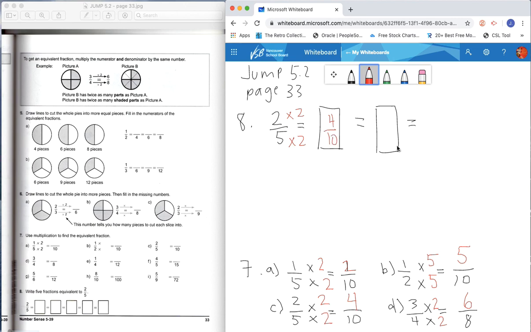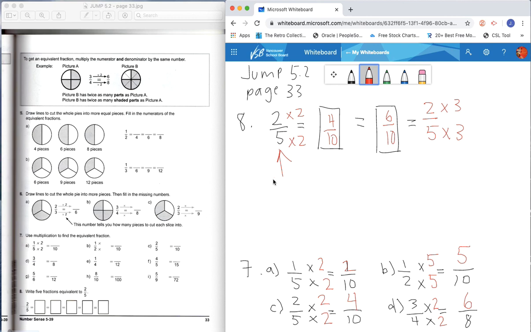Then for this one, we're going to take 2/5, which is the original fraction we start with. And after multiplying by 2, I'm going to now multiply by 3. So 2 times 3 is 6. 5 times 3 is 10. Okay, so for the first 2 boxes, I would write 4/10, 6/10, and then for the third box, I would continue.